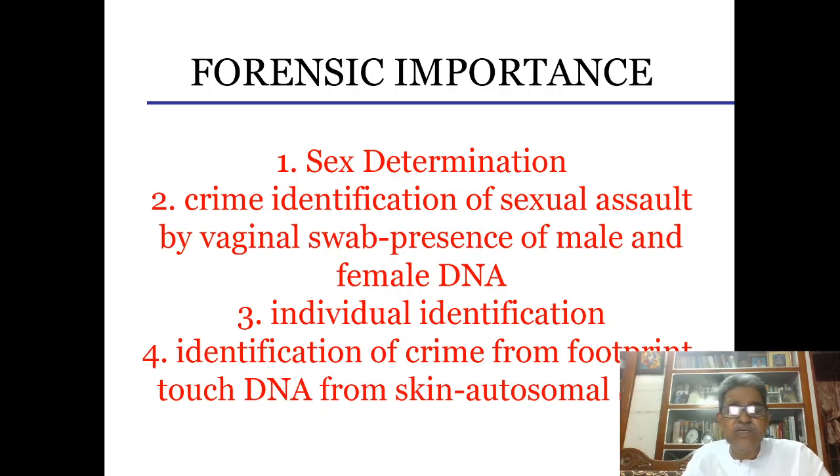As you know, different forensic studies are also there. Here I wish to add another importance: it is also used in determination of different types of trisomy anomalies, like trisomy 13 and 21, Down syndrome, and such different anomalies are also determined by this process.